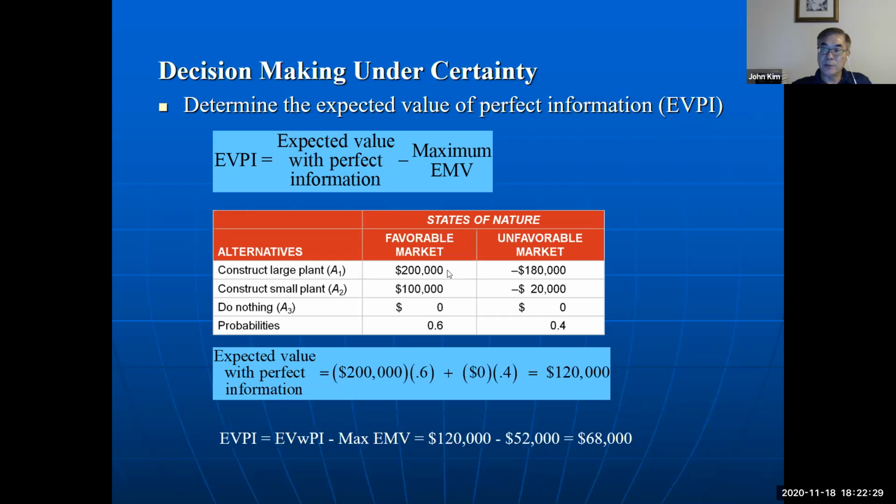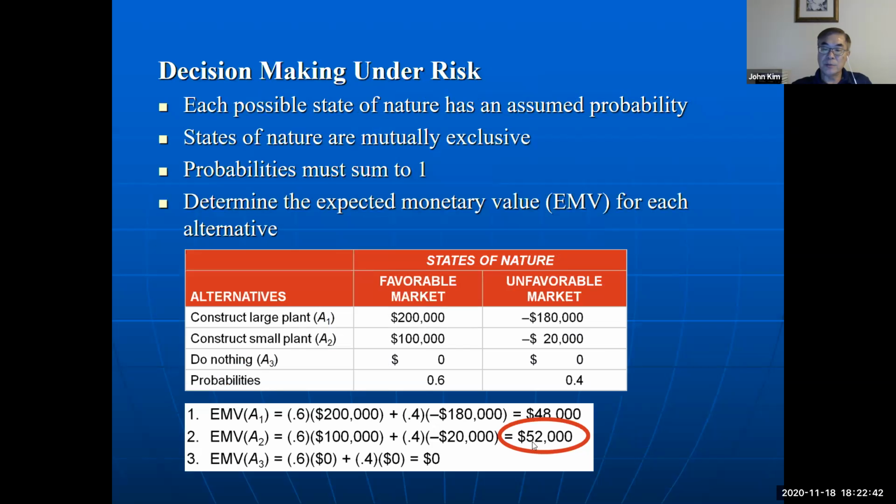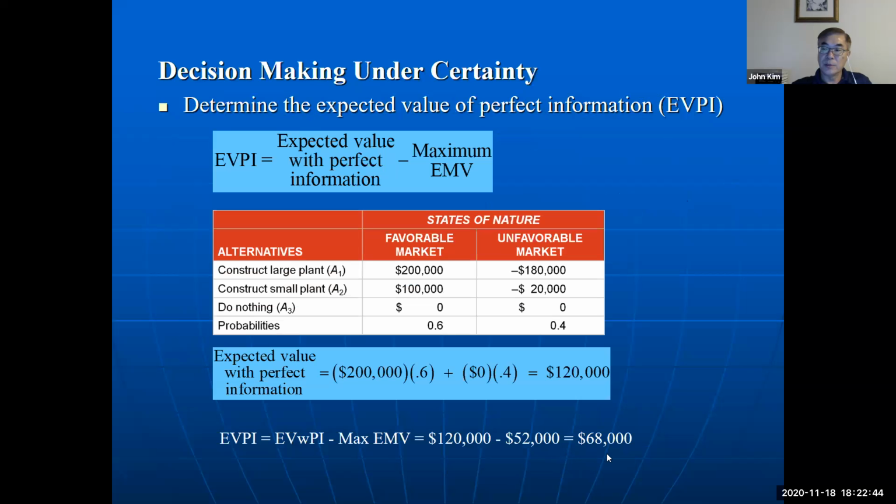So 200 times 0.6, 0 times 0.4, that gives 120, and then minus the earlier one, this one, and then EVPI is 68,000.